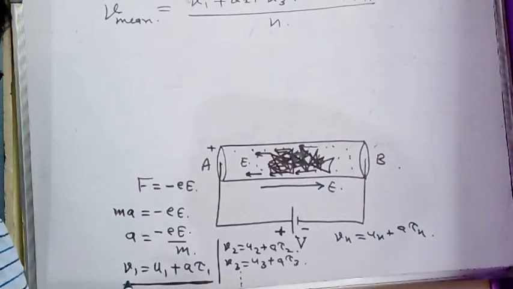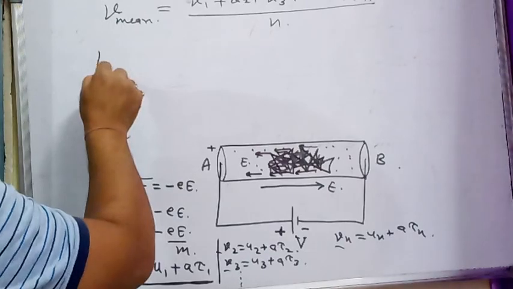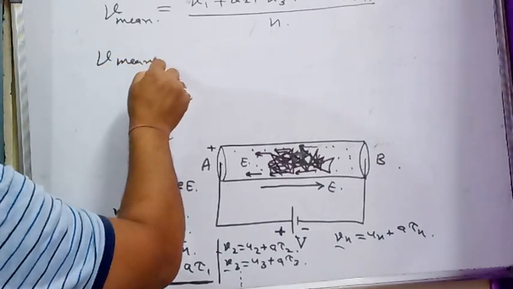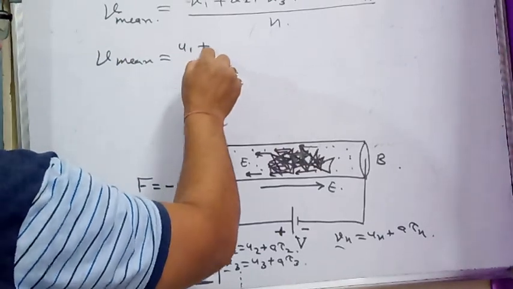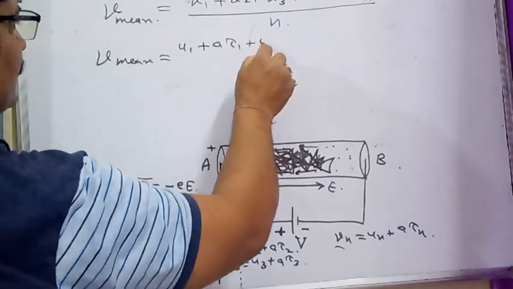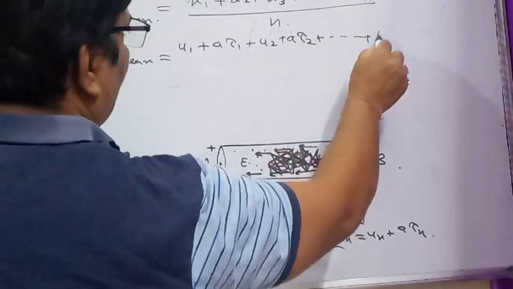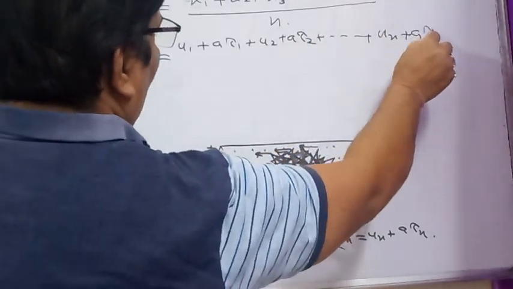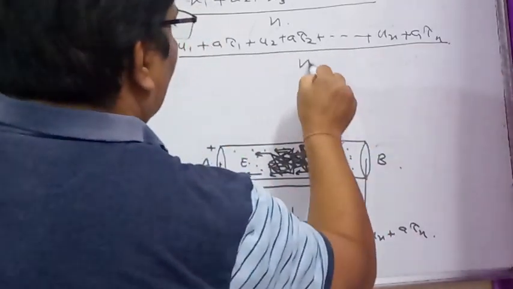If we put the values of V1, V2, V3, Vn in this, we can get the mean velocity acquired by the free electrons in the conductor: u1 plus a tau 1 plus u2 plus a tau 2 plus and so on, un plus a tau n, whole divided by n.